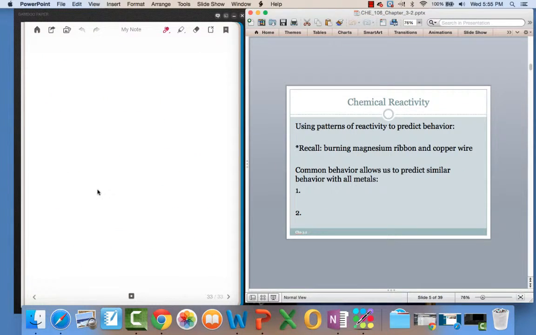Using patterns of reactivity to predict behavior. So meaning, recall burning magnesium ribbon and copper wire. We know that certain materials will act a certain way because of their placement on the periodic table.